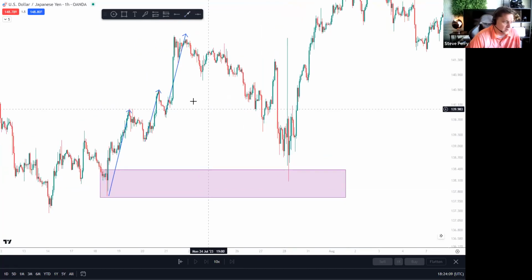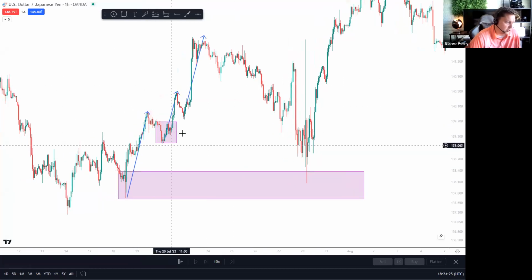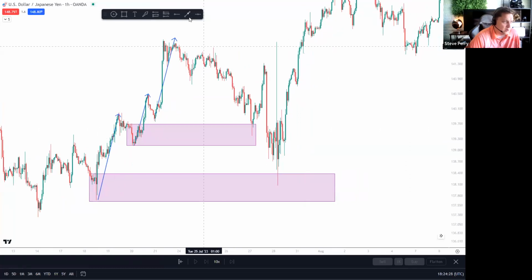What else do we have here? We have this impulsive move, right? Whatever they did inside of this area ultimately created that move that broke more structure. So that's got to be liquidity. Boom. See how the market came right down to it, tapped into this area, and then it went up?